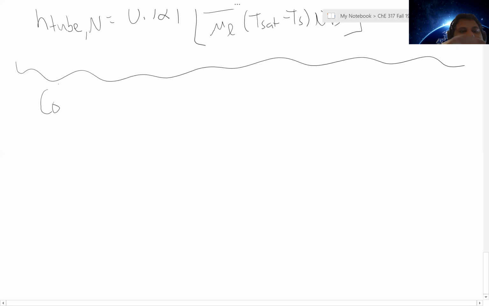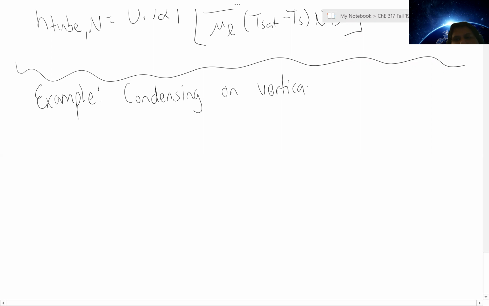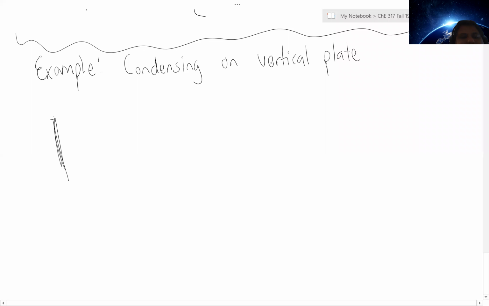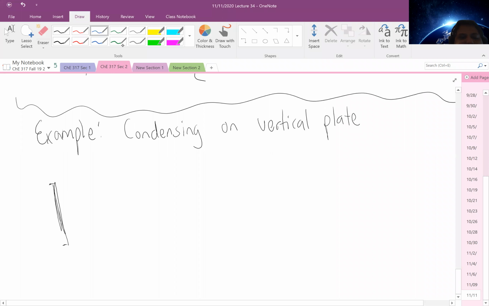So we're going to say example, condensing on a vertical plate. If I wanted to draw it, I have a plate and I've got condensation, some thickness, I have no idea. And then I have some sort of m dot condensation. The temperature of my steam, it's at saturation, it's at atmospheric pressure, so I say it's 100 degrees Celsius.